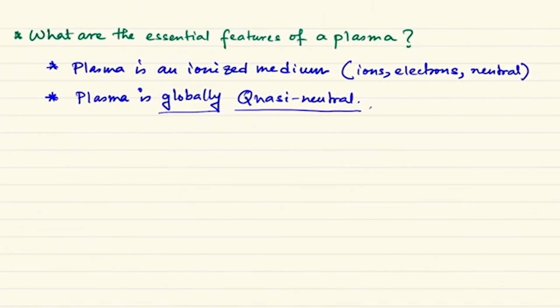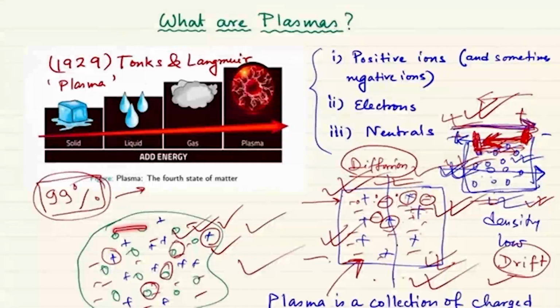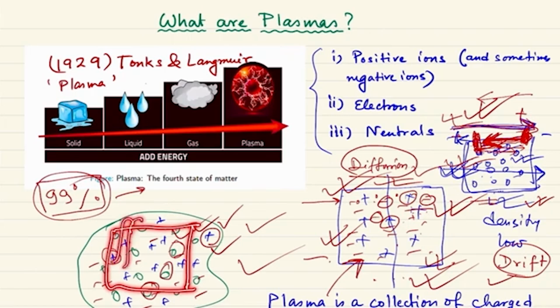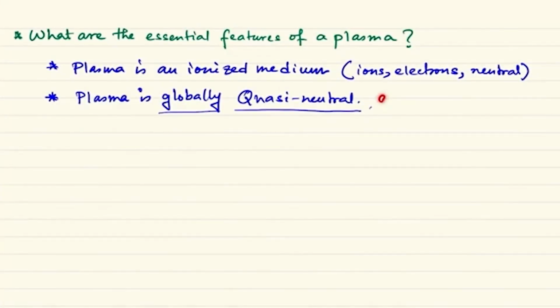But if you take a sufficiently bigger volume, then you can have global quasi-neutrality. That means if you take a sufficient bulk of this material and measure the charge neutrality, it will be almost zero. It is not exactly zero but almost zero.